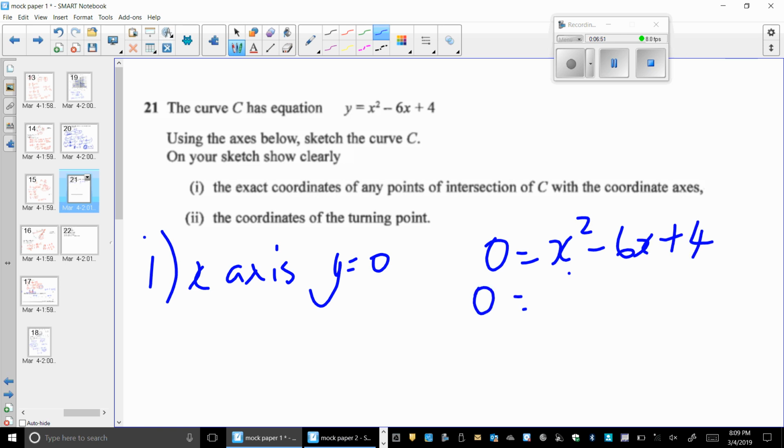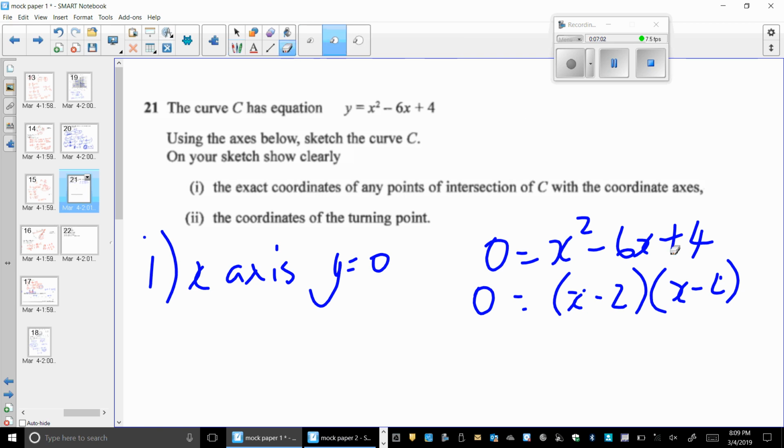So the easiest thing to do is to try and factorize. So let's subtract 2. No, what am I doing? That's incorrect. It's not a whole number, so I cannot find any of the numbers that multiply to give 4 and add to give negative 6.